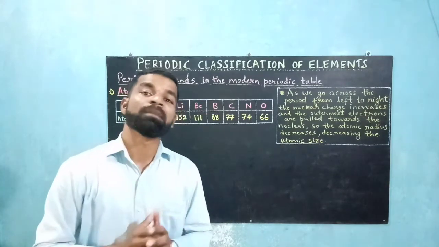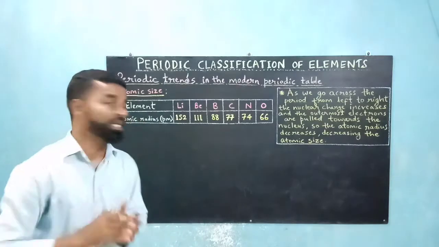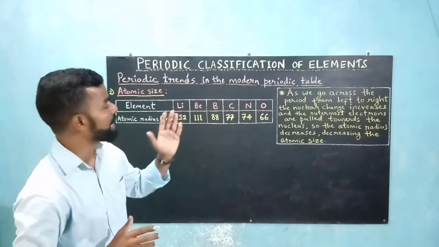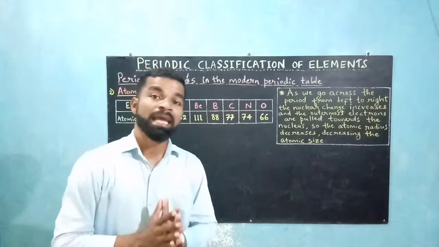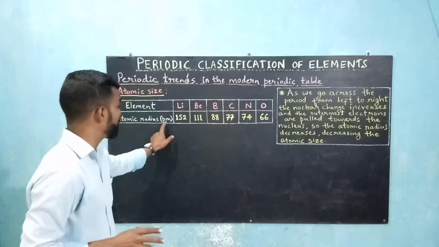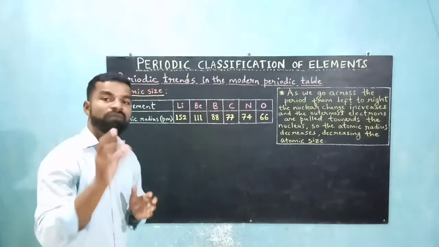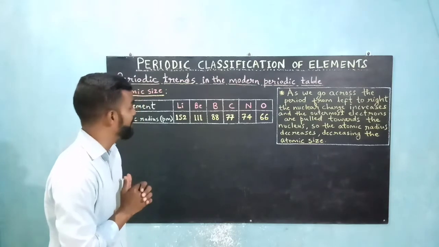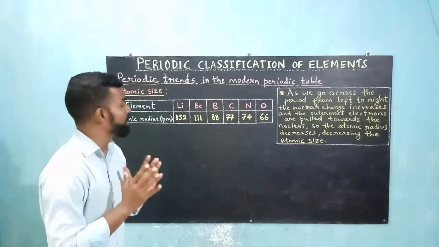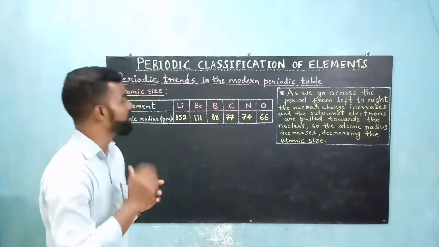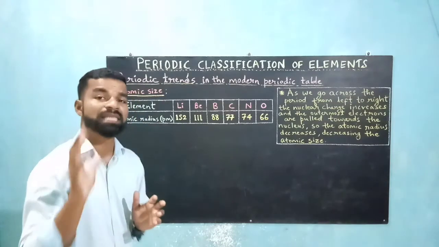So let's consider period 2 of the modern periodic table, which has the elements lithium, beryllium, boron, carbon, nitrogen, oxygen, and we are considering their atomic radius in the unit picometer. So lithium has a radius of 152 picometer, beryllium has 111, boron has 88 picometer, carbon 77 picometer, nitrogen 74 picometer, and oxygen 66 picometer.